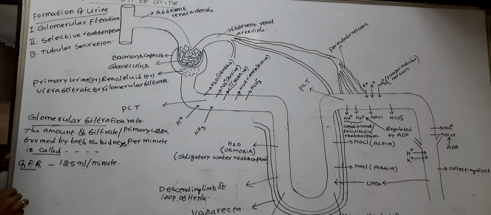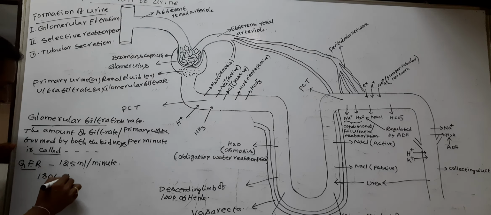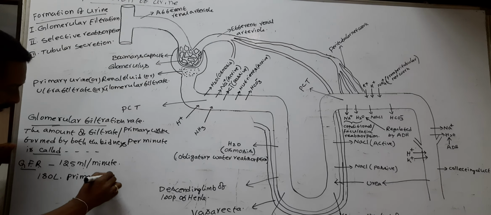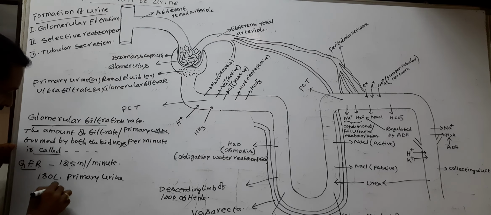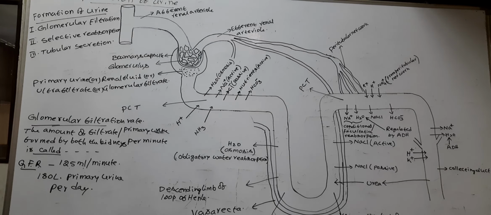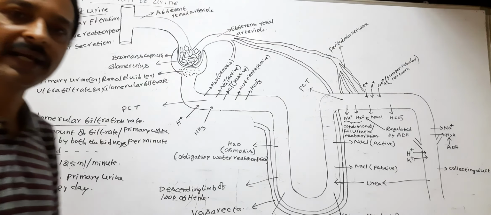So a healthy human being forms 180 liters of primary urine per day or 24 hours. So per minute 125 ml of primary urine is formed in both the kidneys in a healthy person.